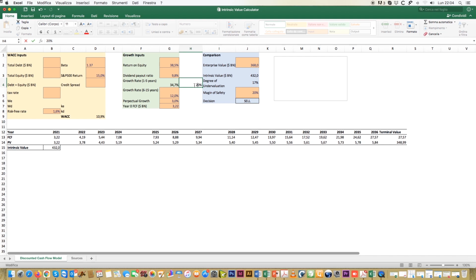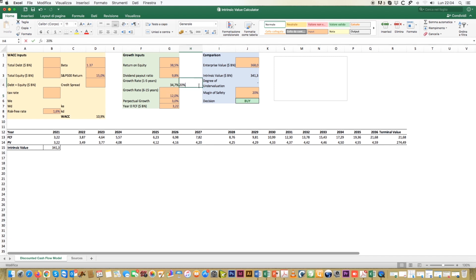If we take a look at the model by discounting a growth of 20% per year in the range between 1 and 5 years, we see that there would be no degree of undervaluation. As a matter of fact, the intrinsic value would be less than the enterprise value at the moment.